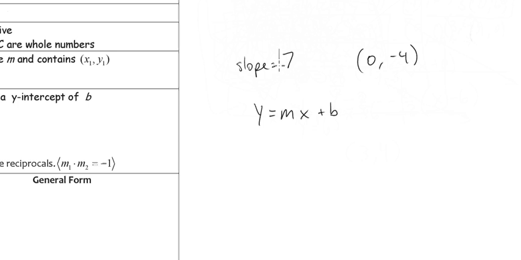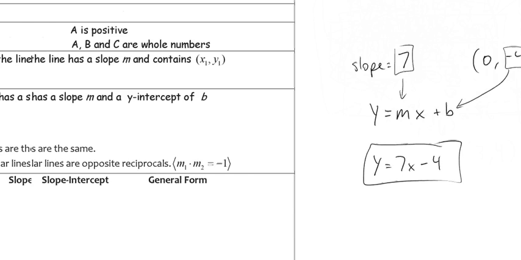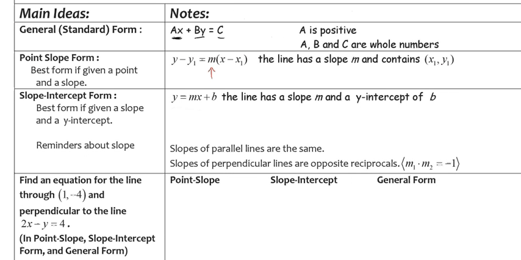And our slope again is 7, so we'd plug that in for m, and our y-intercept is -4. We'd plug that in for b, and we'd end up with y equals 7x minus 4. That would be the slope-intercept form of this line. Now, pretty straightforward stuff, and that's again usually the one people are most familiar with.